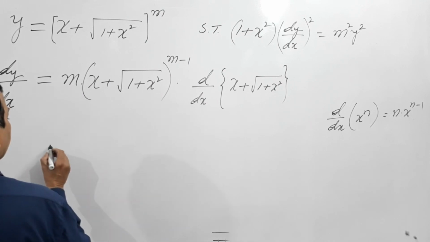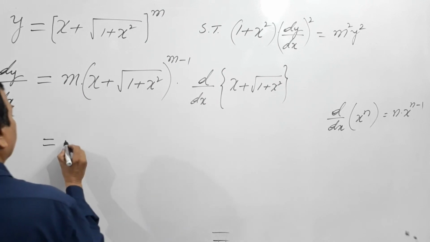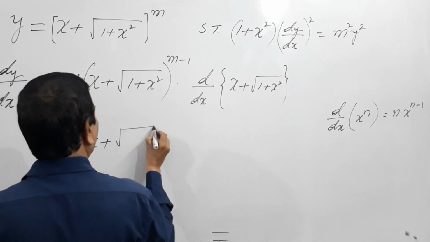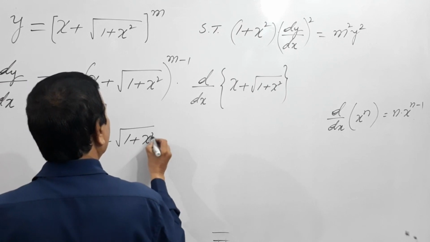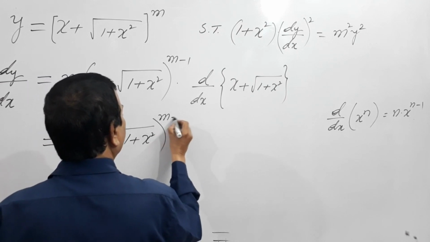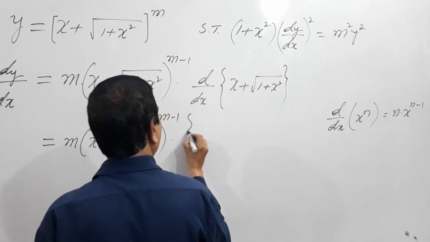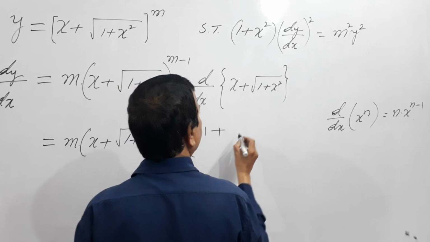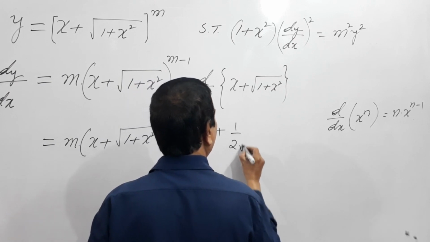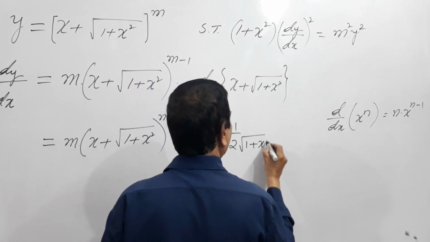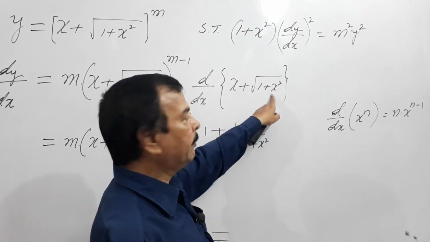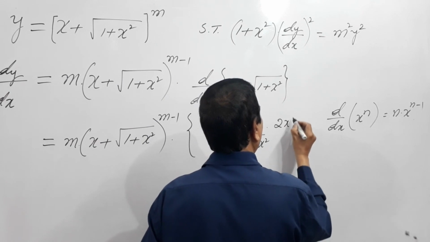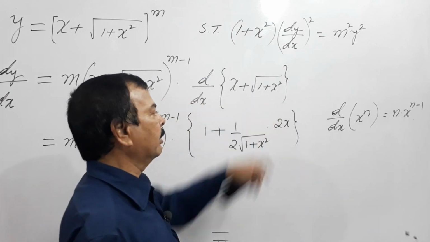Next step, m into x plus under the root 1 plus x squared, to the power of m minus 1, into d by dx of this, that is 1 plus half of 1 plus x square into d by dx of x square, that is 2x. I have differentiated x square also.